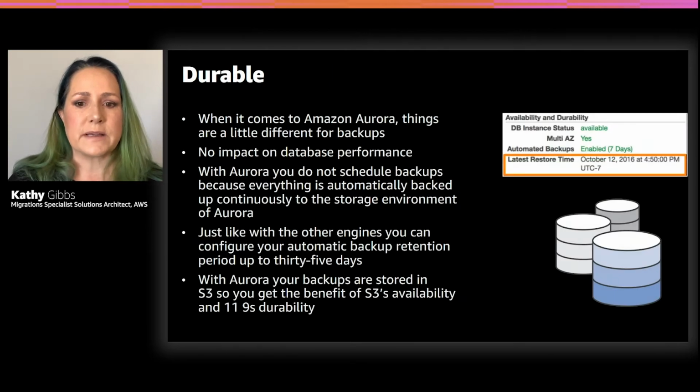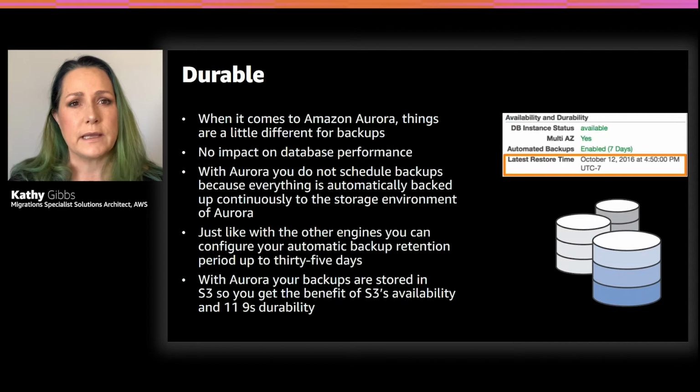So here is my screenshot. You saw on the previous page, and we mentioned that those backups go to S3, and that really talks to durability. So if I do have to recover, I know that my files are going to be there to recover to. S3 has 11 nines of durability, so that data is going to be there, your backup will be there. On our next slide, I have a really good picture that shows it, but at a high level, Aurora does backups differently.